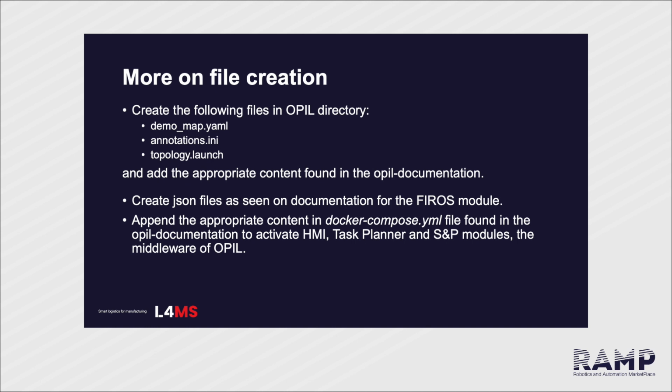If you're using a virtual machine, be careful to put the IP address of the virtual machine. Then, you have to create JSON files as seen in the documentation to control the Phyros module. Keep appending the appropriate content in the Docker Compose YML file found in the documentation to activate one at a time the HMI, Task Planner, and SP modules, which form the middleware of the OPIL Logistics Automation Library.